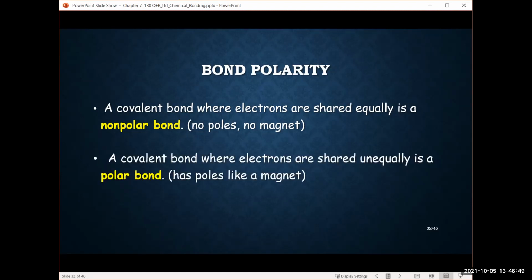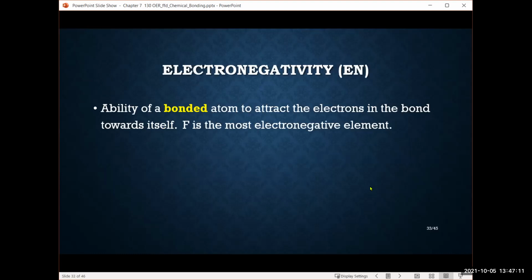When the electrons are being shared unequally, simply because the electronegativity of one of those atoms is greater, we end up with a pole, and specifically a polar bond, much like the poles of a magnet. In this case, we're talking about a charge.